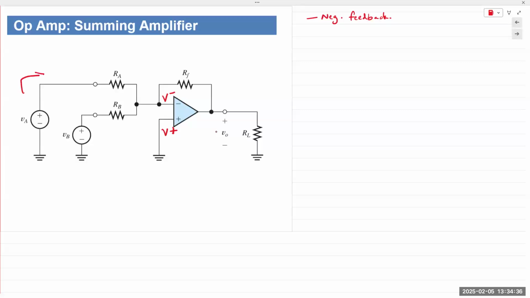We can have IA, IB, and IC, with inputs VA, VB, and VC. We can have multiple inputs; it doesn't matter how many, 2, 3, 4, 5, 6, it will still work. This is your feedback resistor, with current IF, and I minus is still equal to 0.